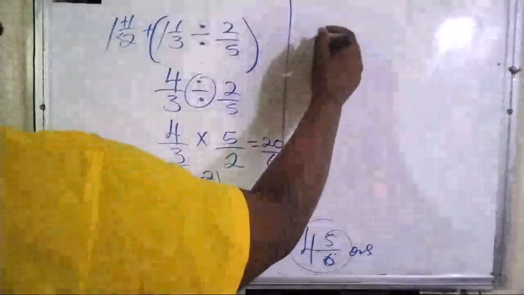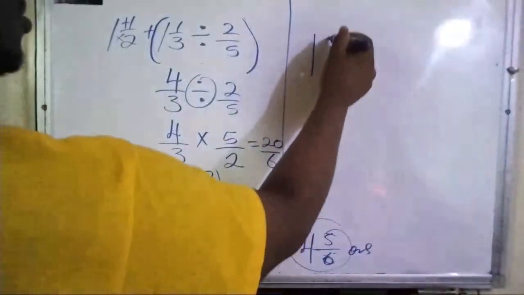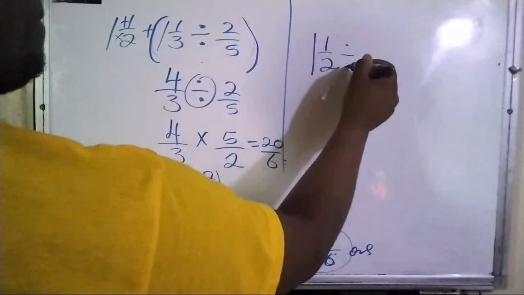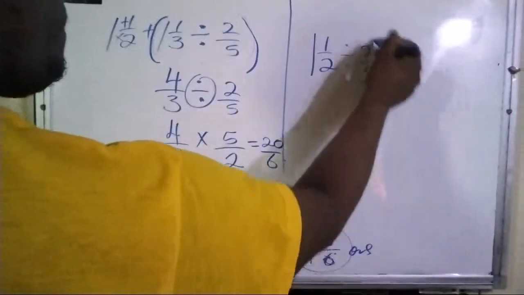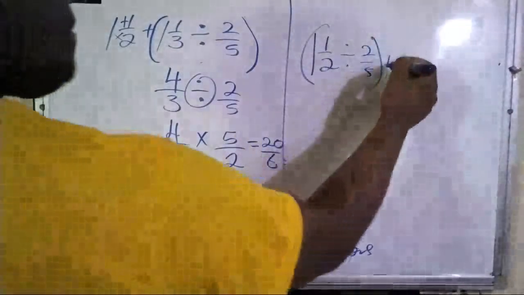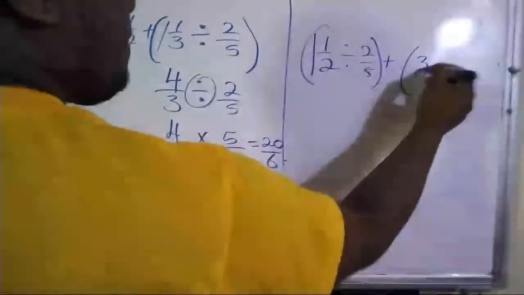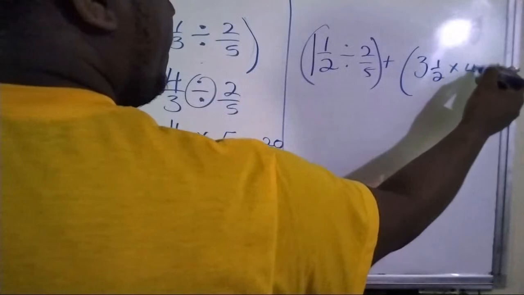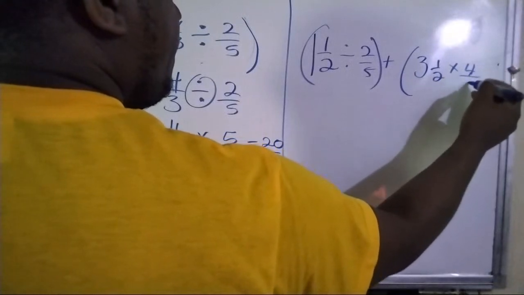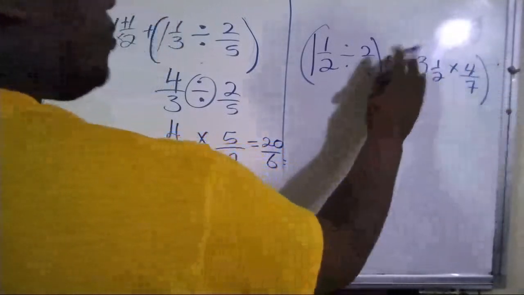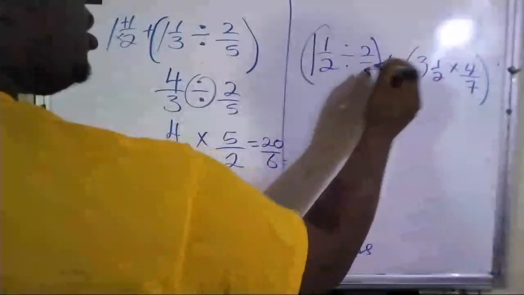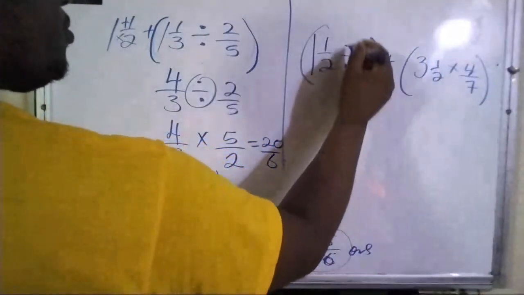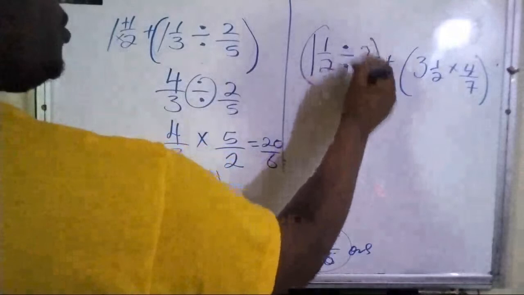One more fraction, guys. What if they give you something like this? How would you approach this? You get 2 brackets. How would you approach it?